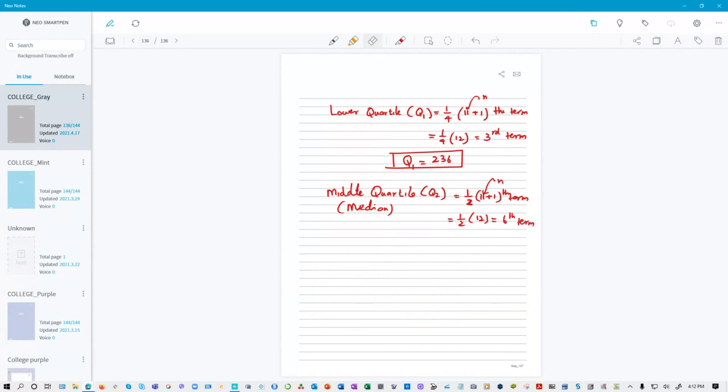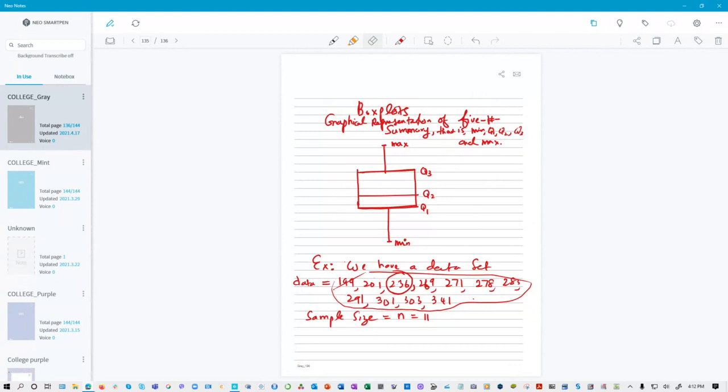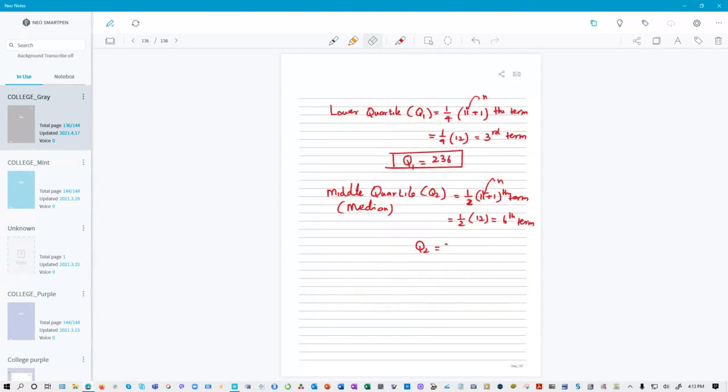Go to the 6th one. If you go back to this data again, we count 1, 2, 3, 4, 5, 6. 278 would be Q2. It's the 6th term.